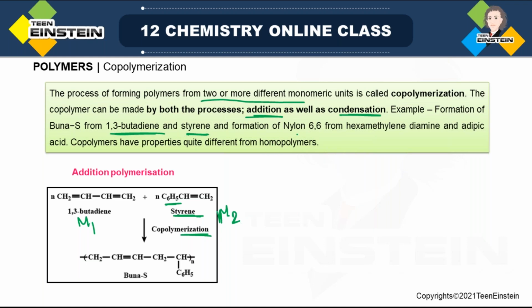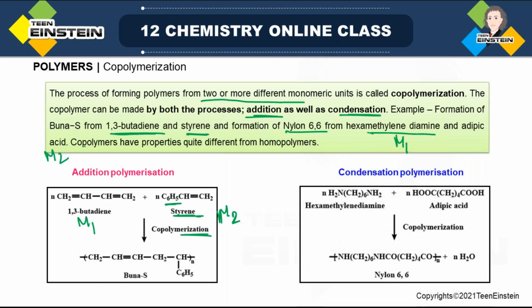Another example is the formation of nylon 6,6 starting from hexamethylenediamine, which is monomer 1. Another monomer is adipic acid, which is monomer 2. Here there is an NH2 group on both sides, and a CO2H group on both sides. The CO2H group will react with the amine.